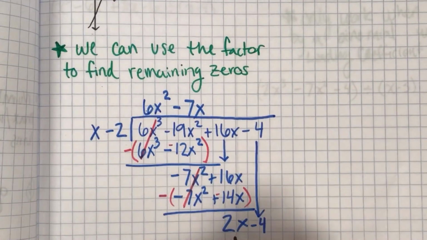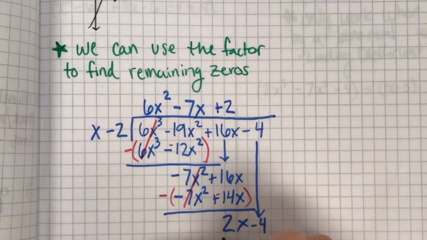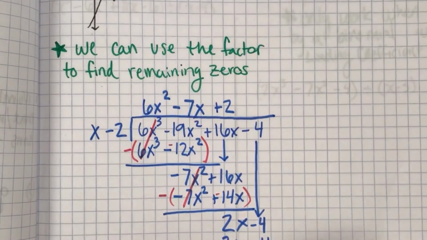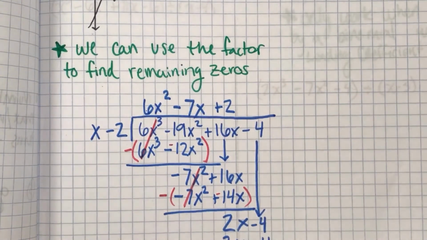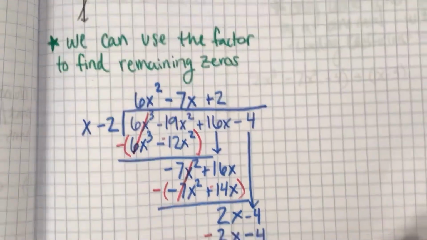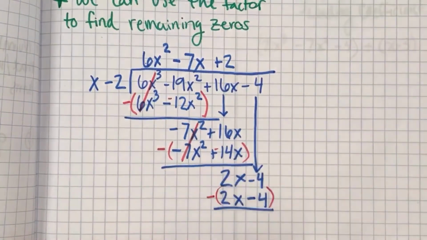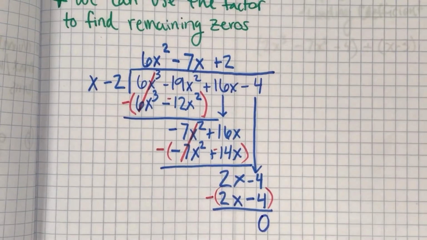So x times what is 2x? That would be 2. And I would be left with, after I subtract all of these, 0, which we should get a remainder of 0 because we already know that x minus 2 is a factor.